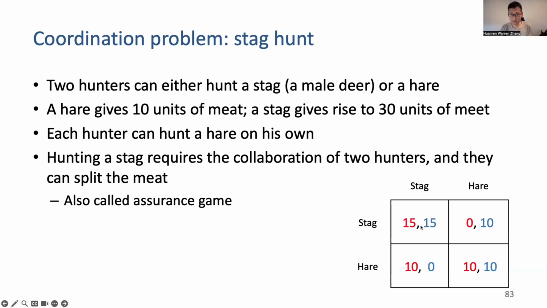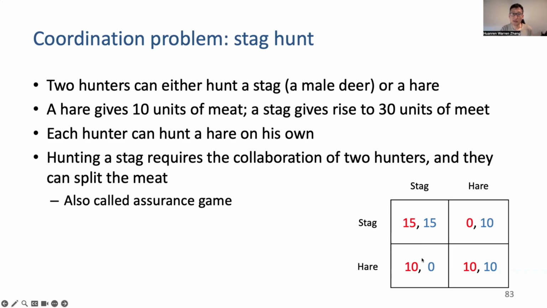So the payoff is significantly higher than if you just hunt individually for a hare. But the issue here is whether you can trust the other person to go and hunt the stag with you without previous communication.